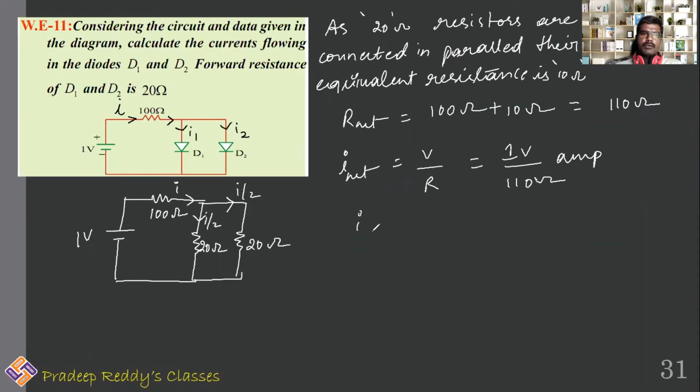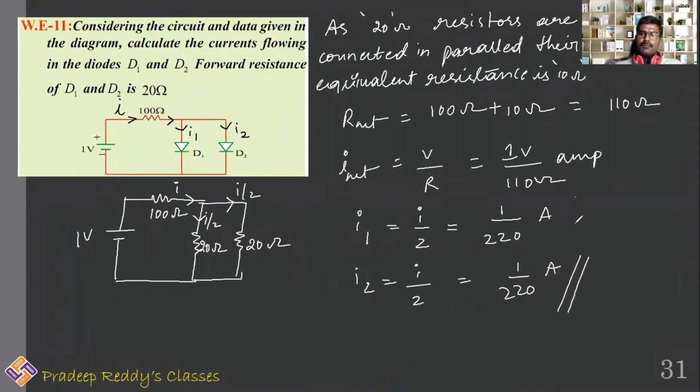I want to find out I1, which is equal to I divided by 2, that is 1 divided by 220 ampere. Similarly, I2 is also equal to I by 2, that is 1 by 220 ampere. So in both the diodes, current will be equally divided because their resistances are equal.